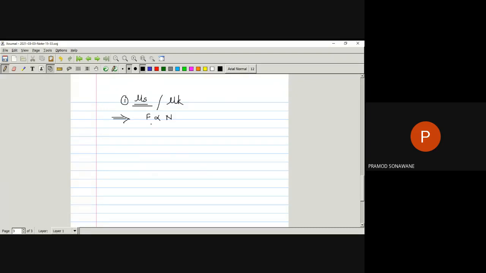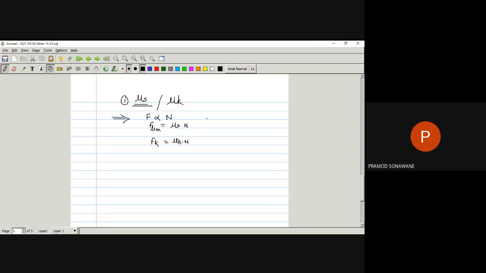So one constant was introduced, which is F equals mu s into N. When it is limiting frictional force, this is mu s into N. When this is kinetic frictional force, this mu s is replaced by mu k, which is again a constant, into N. Is it clear? Yes, ma'am.